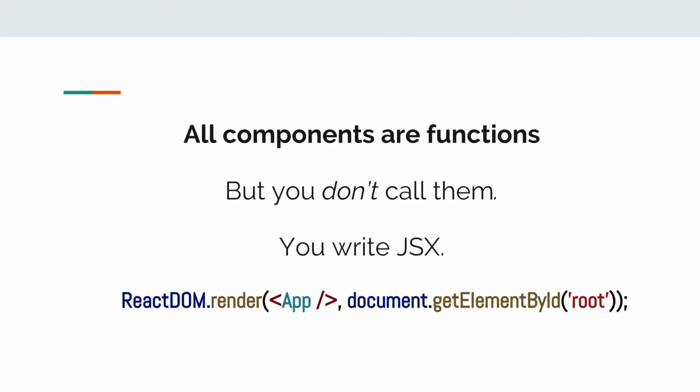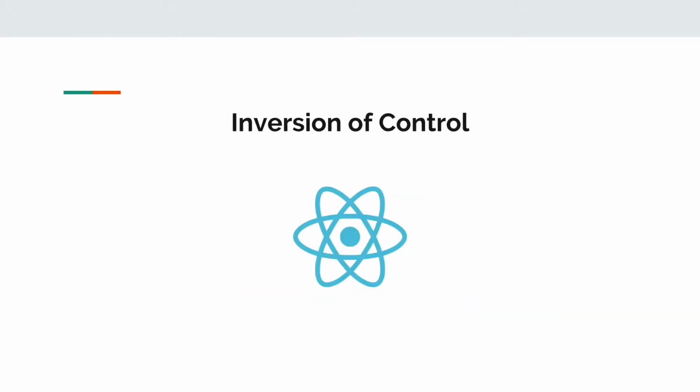This special syntax is recognized by the React engine, and it gives the React engine the power to call your component functions for you. Again, with JSX, you're not really calling the component function. Instead, you're specifying a syntax which hands over the control to the React engine to call your component function on your behalf. So this is an example of the programming principle of inversion of control.